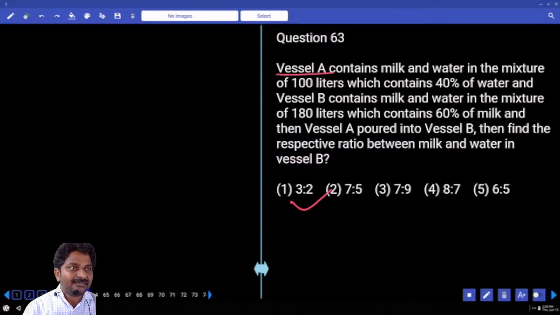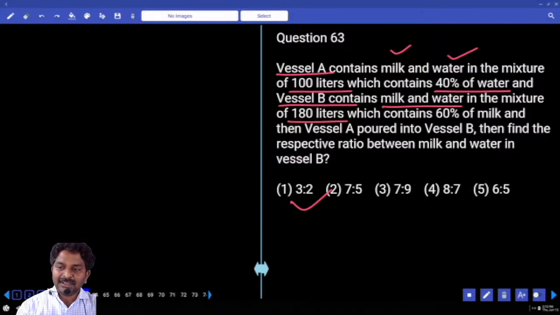We have vessel A, 100 liters we have. What quantities are there? Milk and water. They said 40% is water. Then what is milk? 60%. Do remember, okay? Vessel B also has milk and water. Mixture 180 liters. In that, how much is milk?